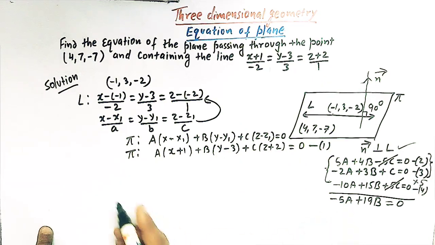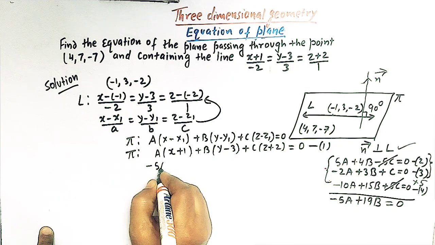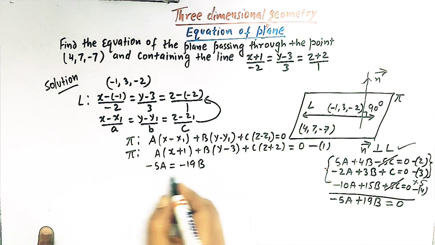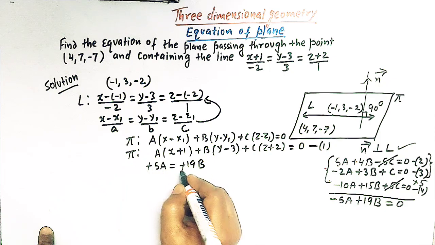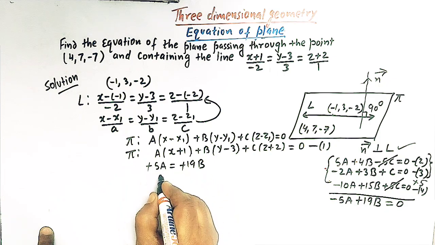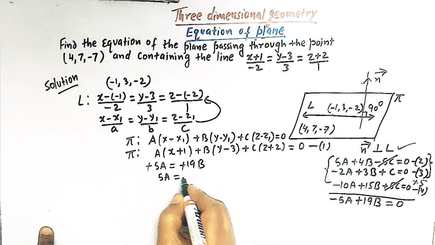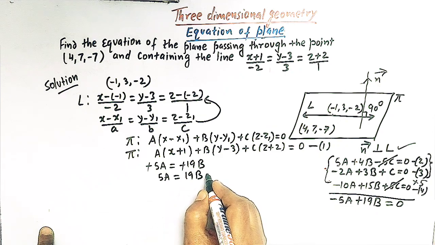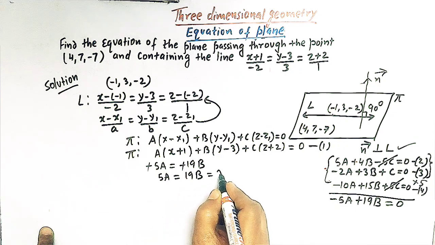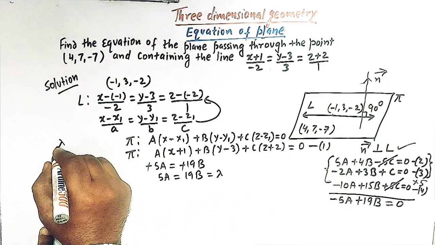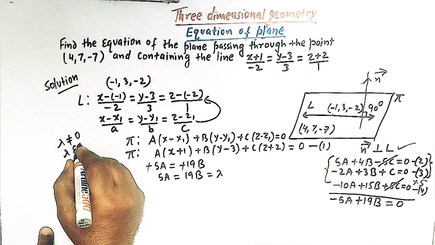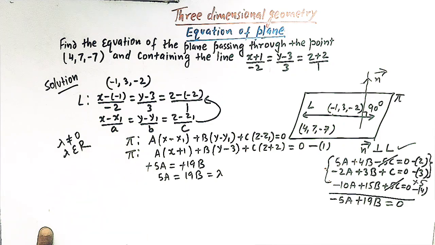So now we can write minus 5a is equal to minus 19b. Now negative and negative here get cancelled, and we have 5a is equal to 19b. Now let us introduce a scalar here, say lambda, where lambda is not equal to 0, and lambda belongs to the set of real numbers, right?